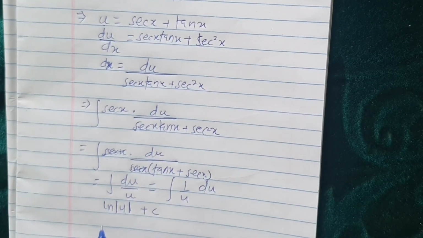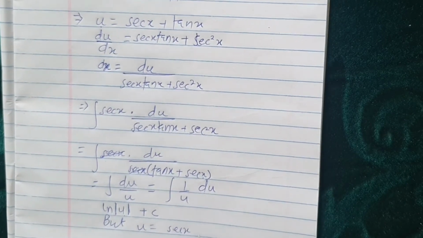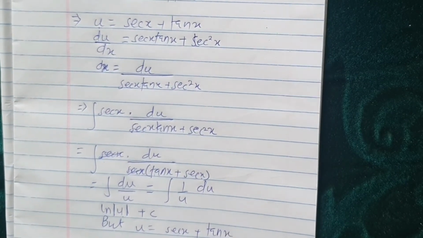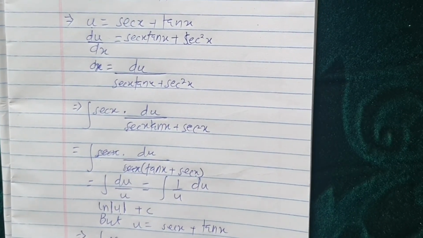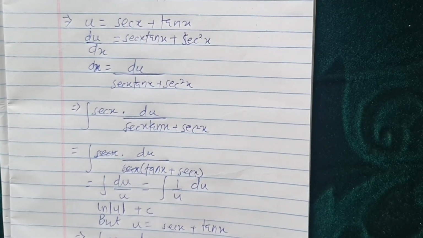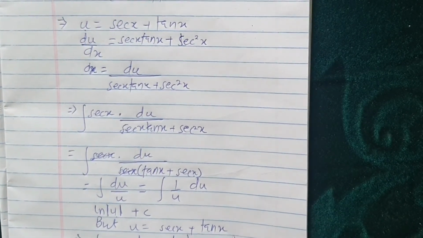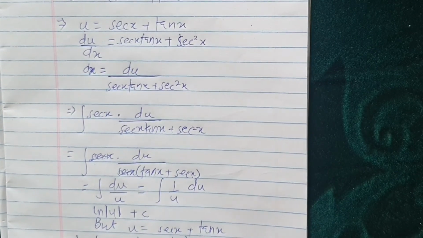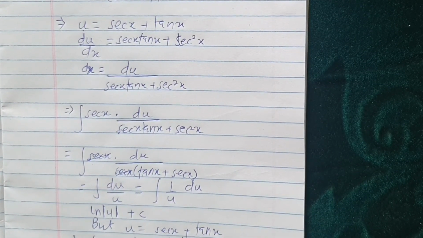And u, as we already know, is secant x plus tan x. This implies that the integral of the secant of x with respect to x will be equal to the natural log of sec x plus tangent of x plus constant c, and that will be our final answer.